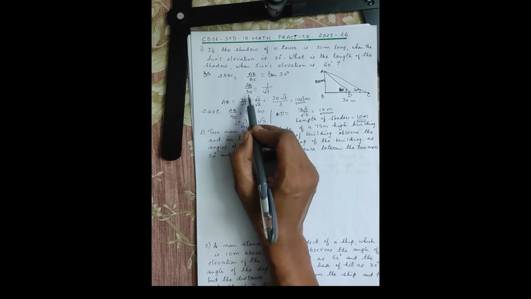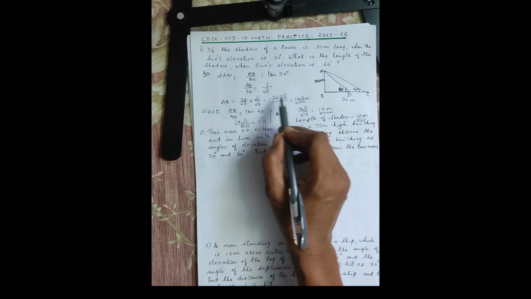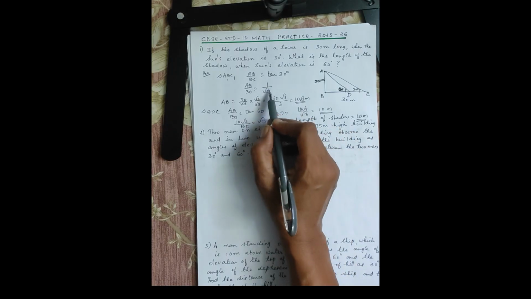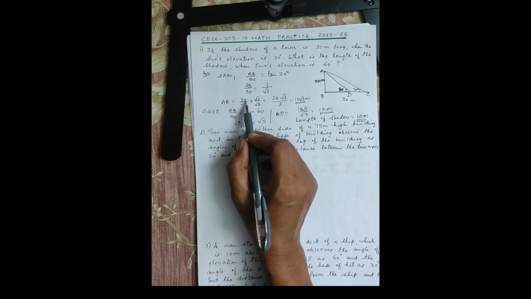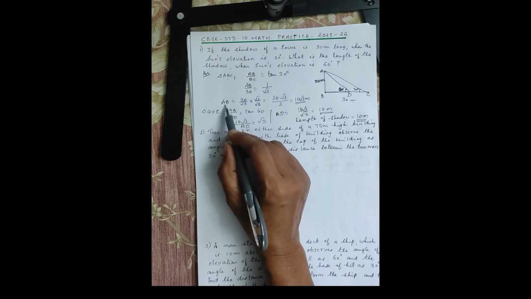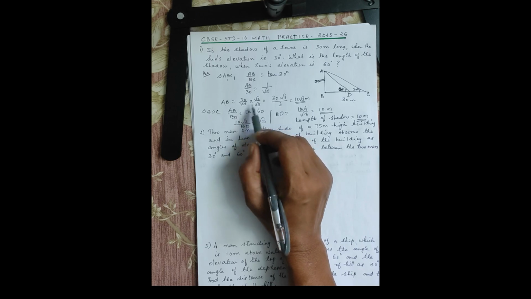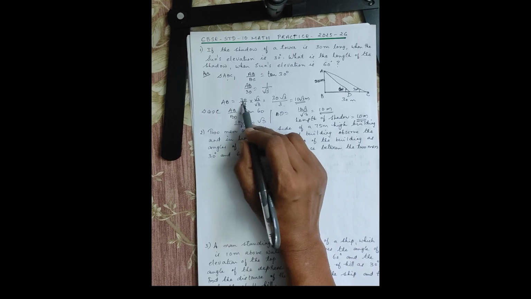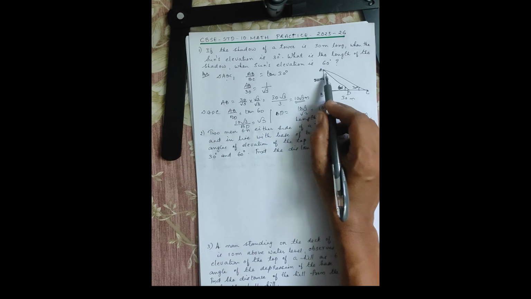So BC is 30, and AB, the length of the tower, we have to get. tan 30 is 1 by root 3. Cross multiply, you will get 30 root 3 equal to AB. If we rationalize, root 3 into root 3 is 3, and 30 by 3 is 10, so AB is 10 root 3 meters.